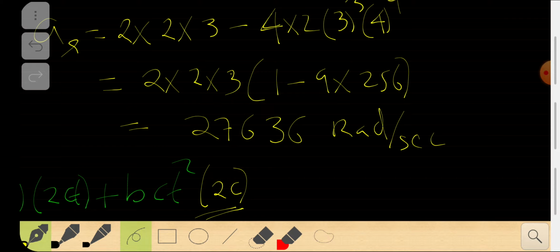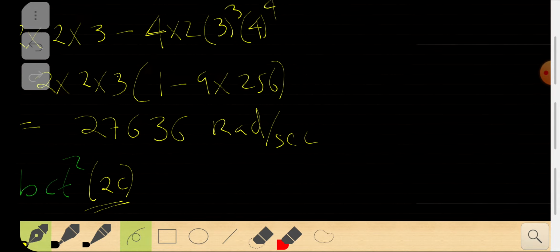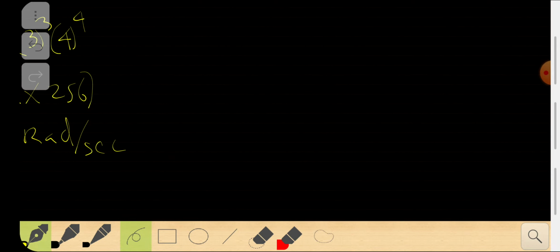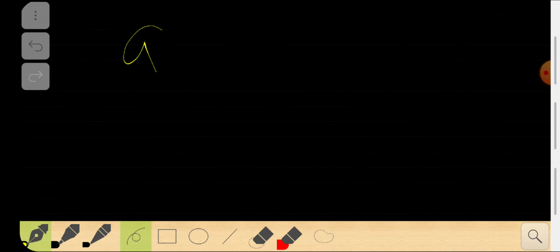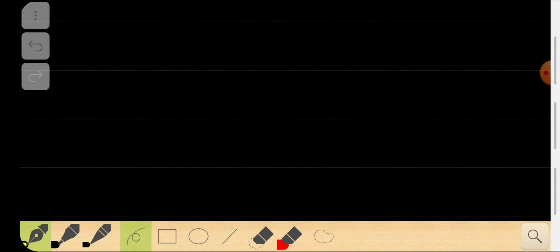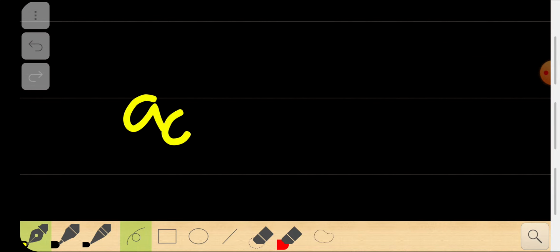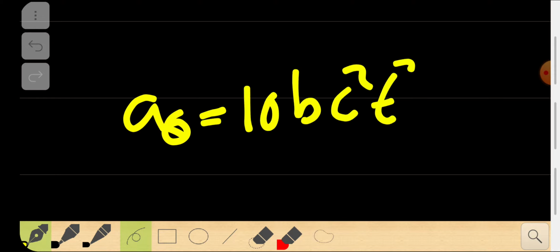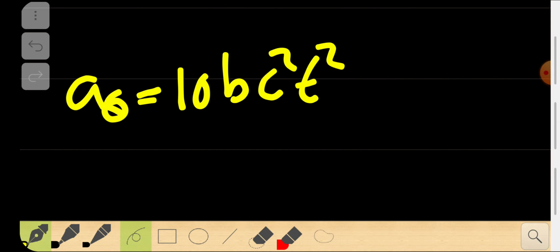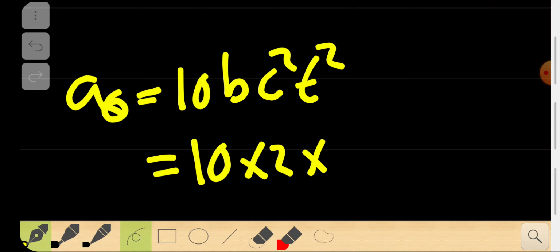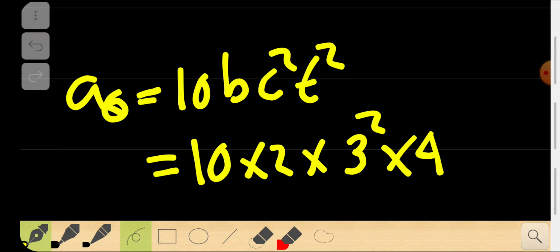So we have found out AR. Let's find out A theta as well, right? A theta is just 10 b c square t square. Remember, we did that. Now that is 10 times b, which is 2, times c square, which is 3 square, times 4 square, which is t square.